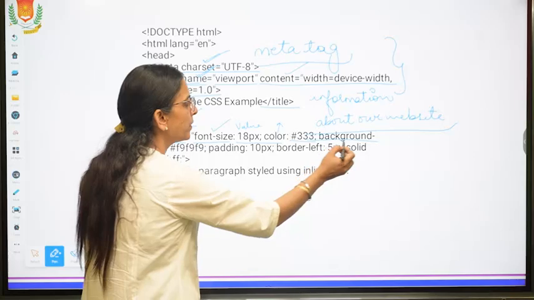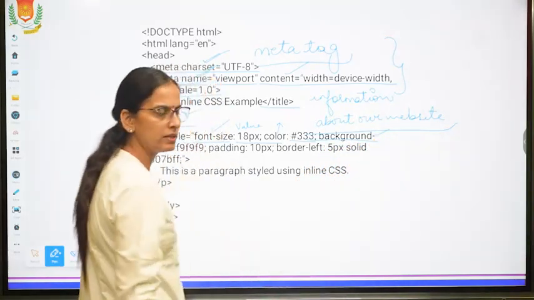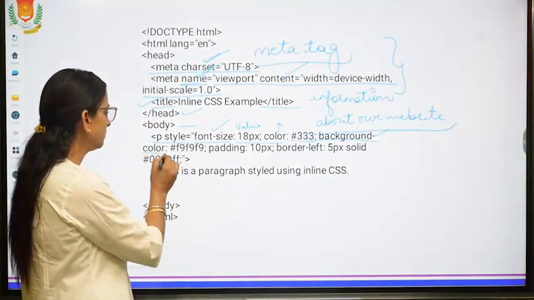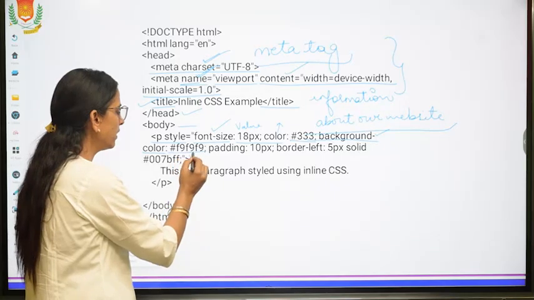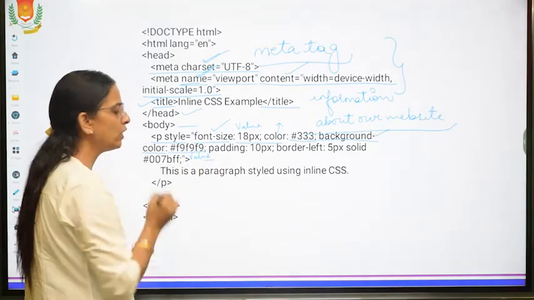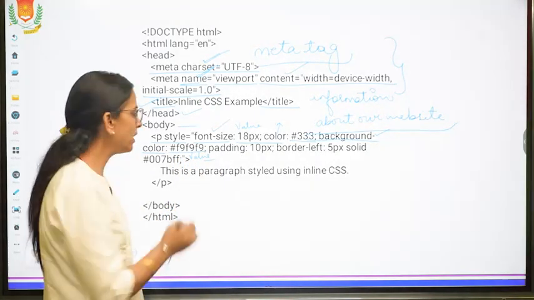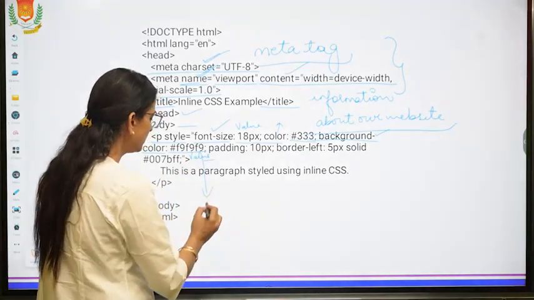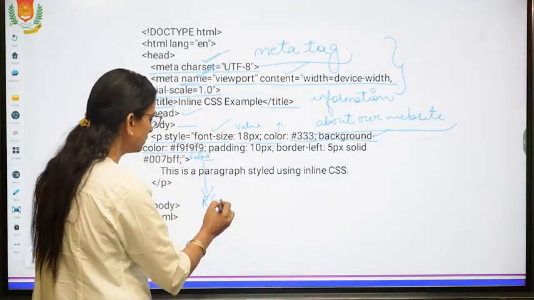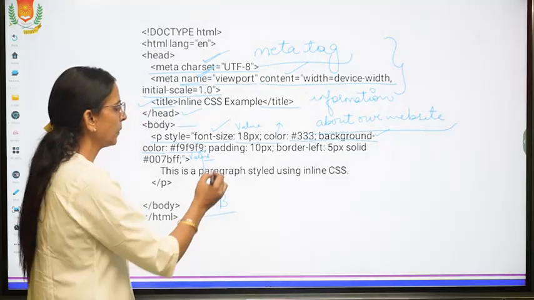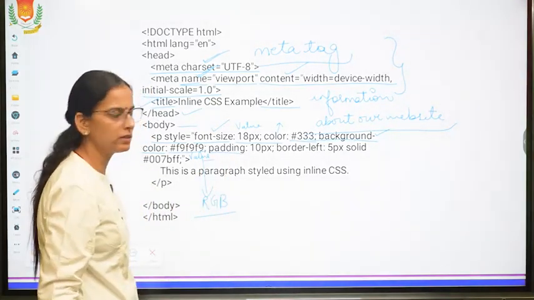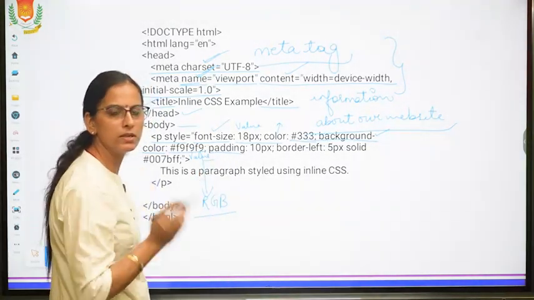Then semicolon. Then background is another attribute. This is the value for the background color. These are RGB values. Then padding is another attribute. Padding means the space between.